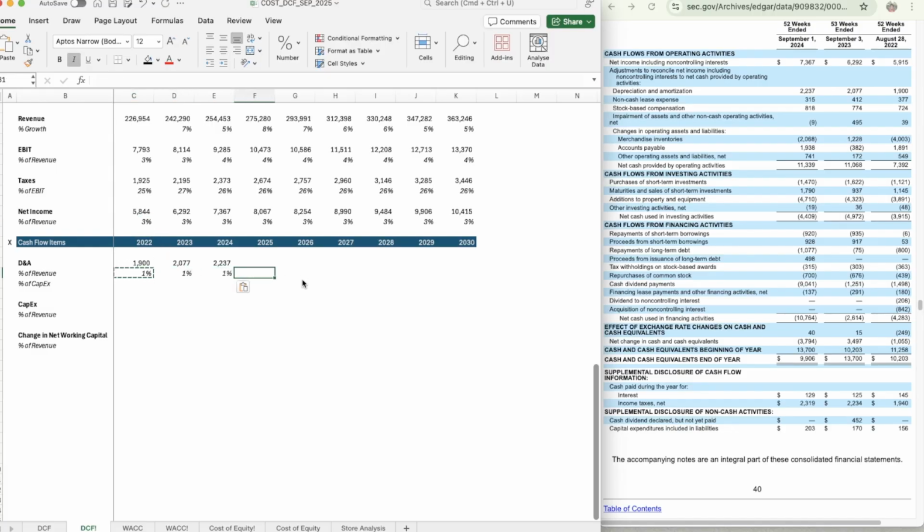It's very small, only one pixel. And CapEx is down here, additions to property and equipment. So 3891.